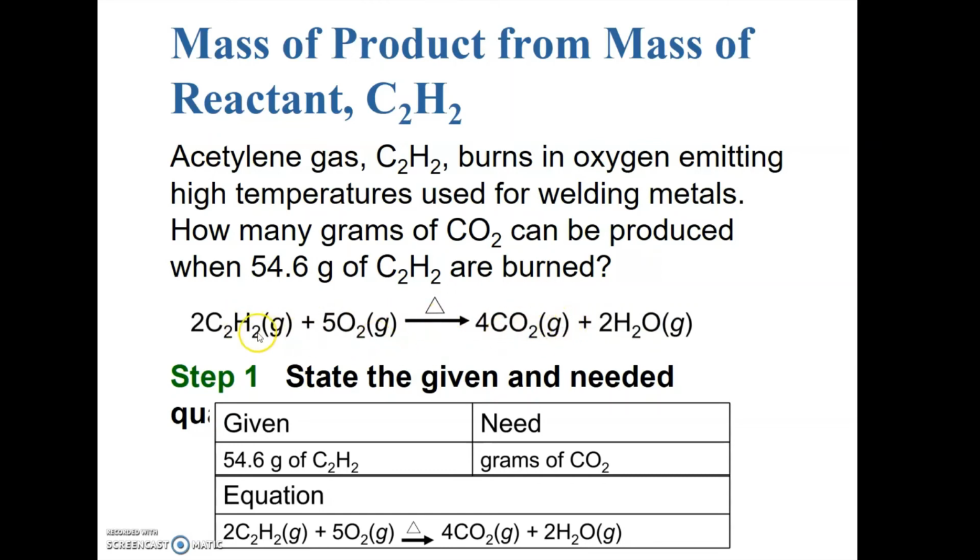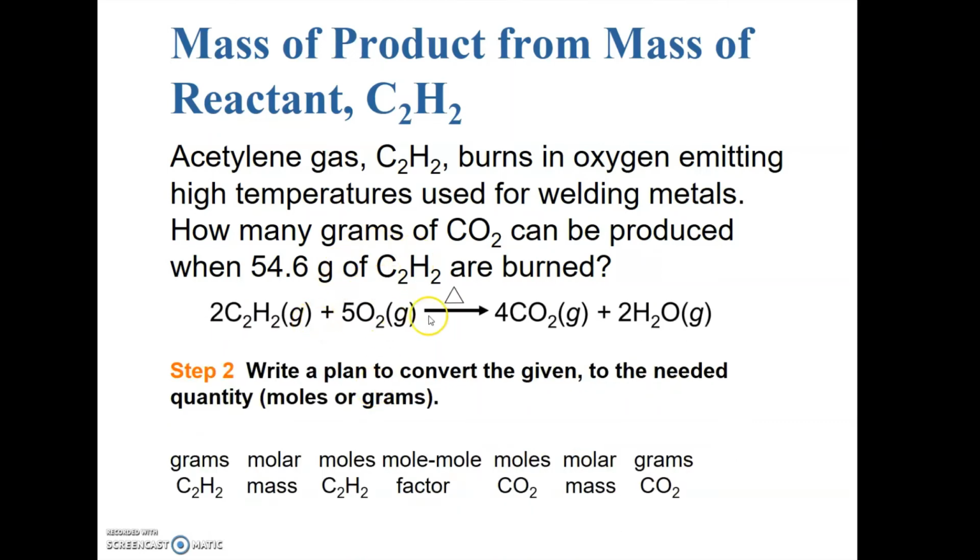Before we set up our plan, we need to make sure we have the equation, and the equation is balanced. When we look at this equation, we will notice that this equation is balanced. The number of atoms on this side are equal to the number of atoms on that side. Therefore, we can use this equation to do what we are asked to do in this problem, to go from the mass of C2H2 to the mass of CO2.